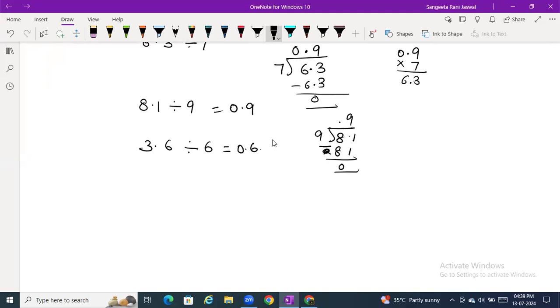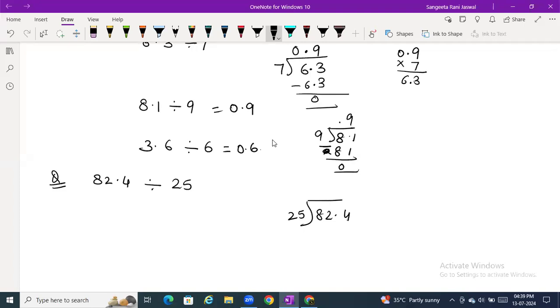Okay, let's take some more questions. Now tell me, I'm taking the number 82.4 divided by 25. This also you will do the same way. See, one way of doing is like this that you usually do.